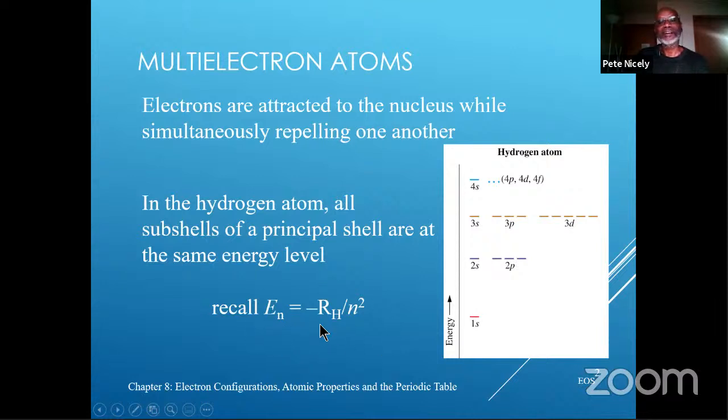We call this the Rydberg equation, and it's very simple. This is actually based on the Bohr model, but it turns out that it is also useful for calculating the energies of the different energy levels in a one electron atom, all right? So that's what happens in the case of hydrogen atom or other structures where there's only one electron.